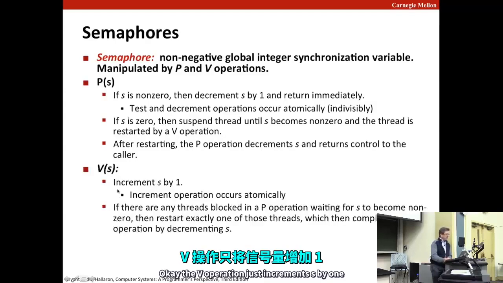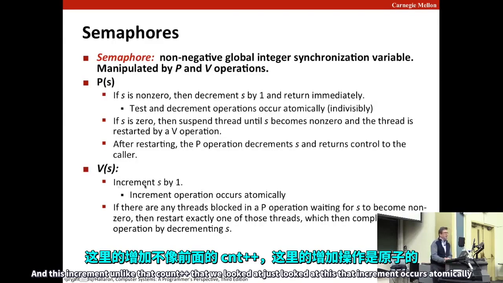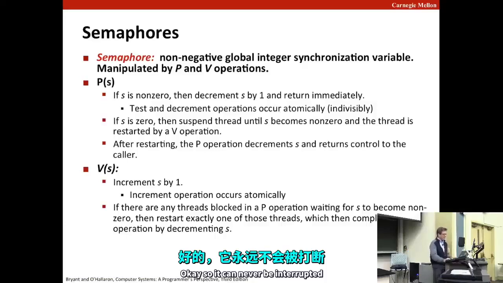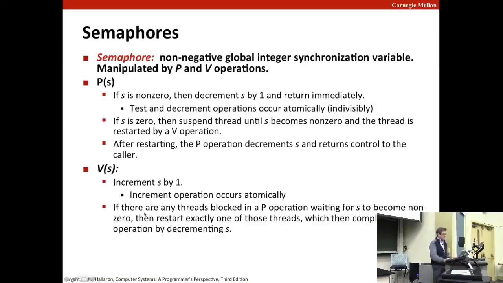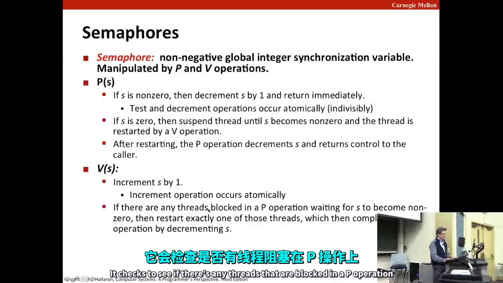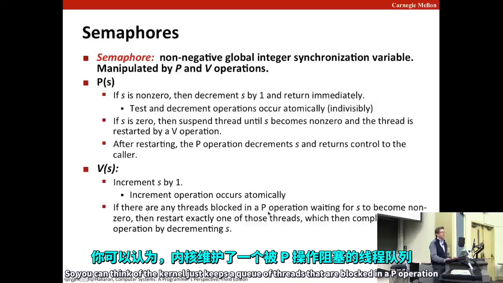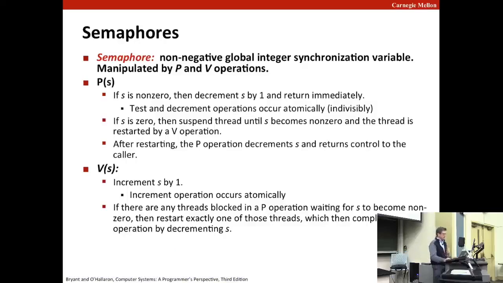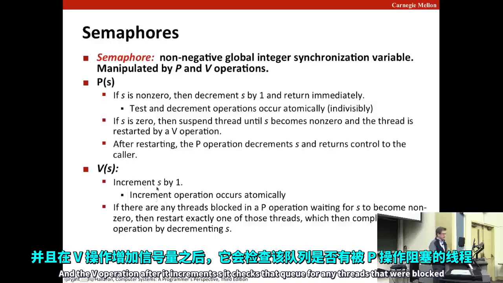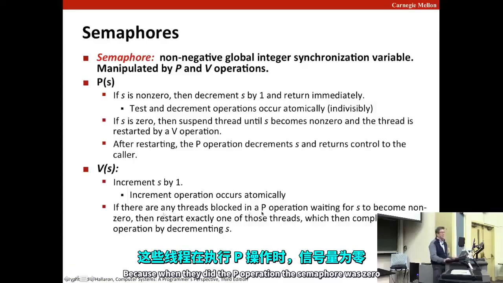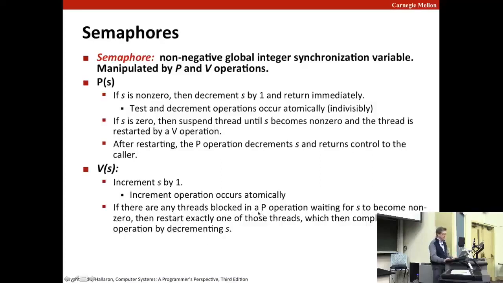The V operation just increments S by 1. And this increment, unlike that count plus plus that we just looked at, occurs atomically, so it can never be interrupted. And then after it increments S, it checks to see if there are any threads that are blocked in a P operation. You can think of the kernel as just keeping a queue of threads that are blocked in a P operation. After V increments S, it checks that queue for any threads that were blocked, because when they did the P operation, the semaphore was 0.